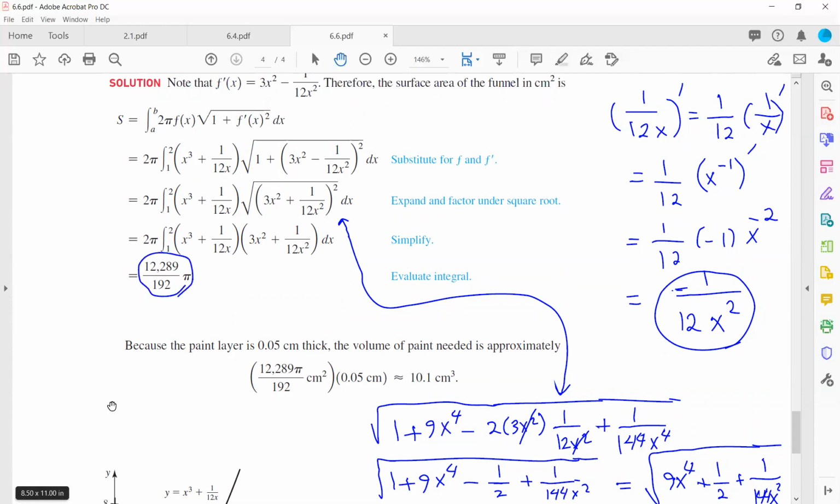Since the paint layer is 0.05 centimeter thick, the volume of the paint needed can be found by multiplying your surface area and 0.05.